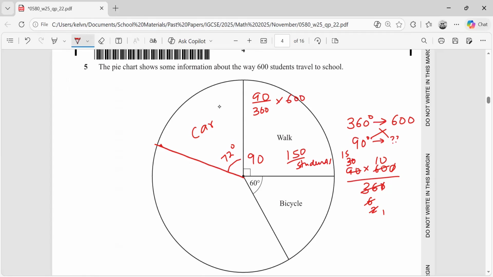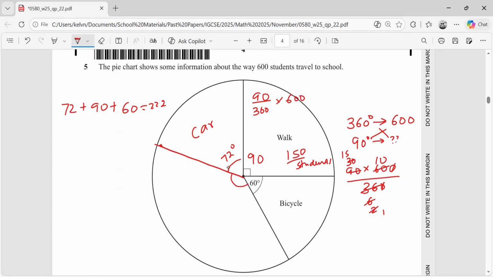Now, we know the total of this will be 360. So we already have 72 plus 90 plus 60. This gives us 222. And if we subtract that from 360, we get the remaining degrees, which will be this one here.